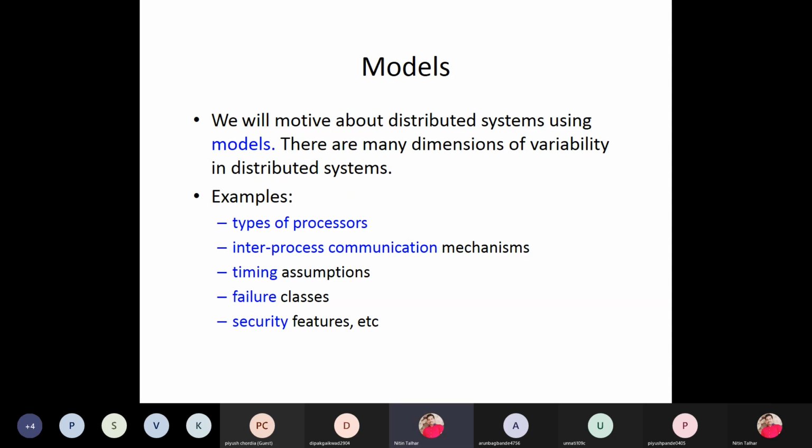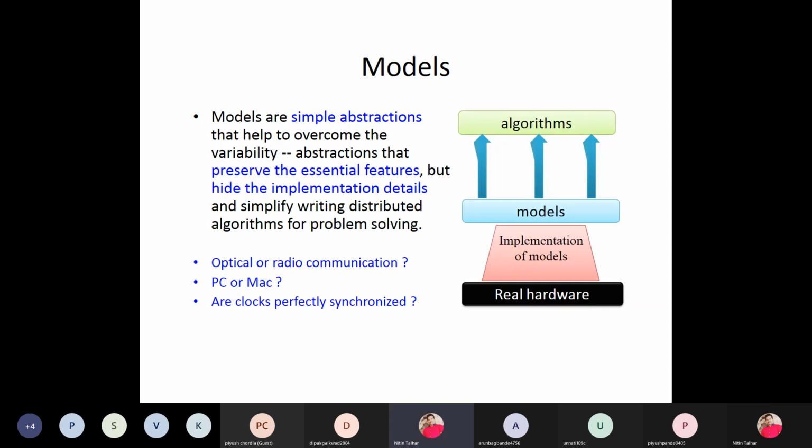So this is the variability in the distributed system. Then you can see this hierarchical diagram: first of all the hardware part, then the implementation of the model, and then for the models, which algorithm is to be useful. These are the abstraction levels.